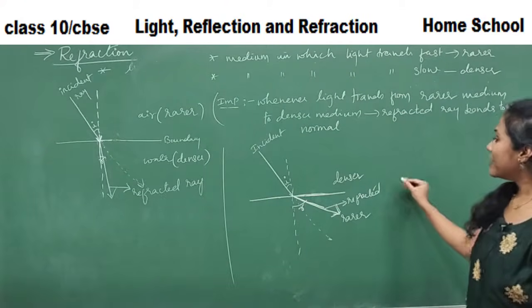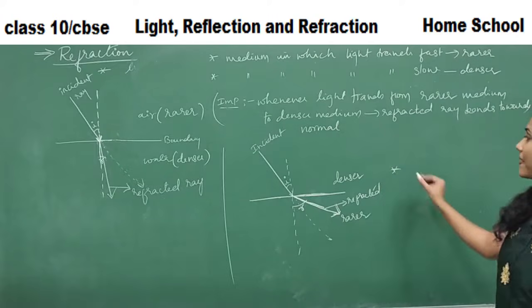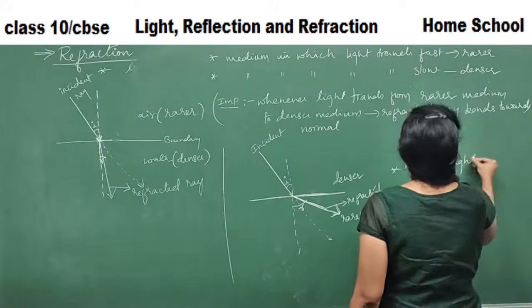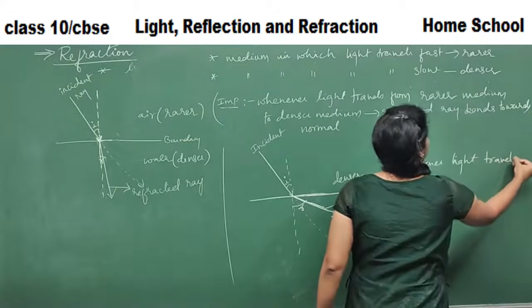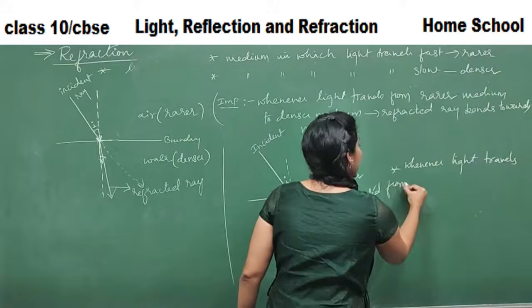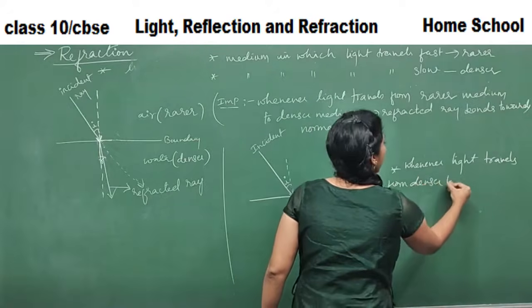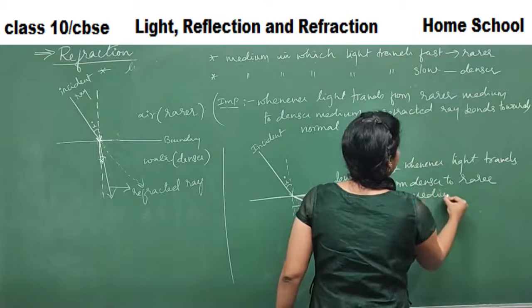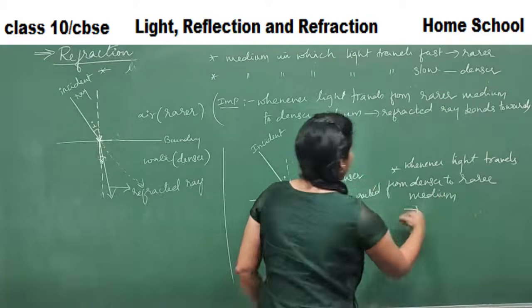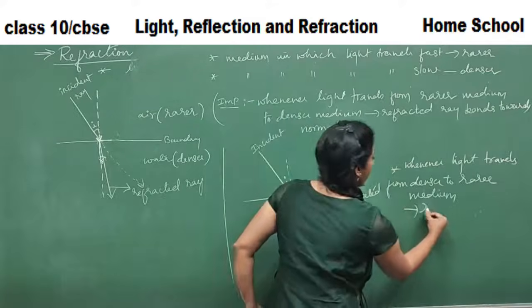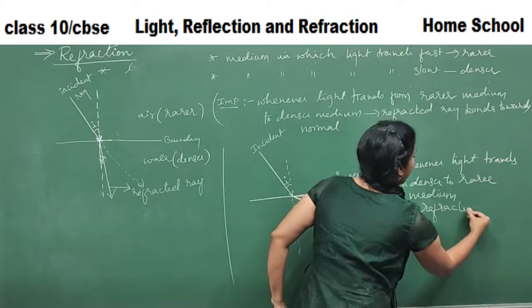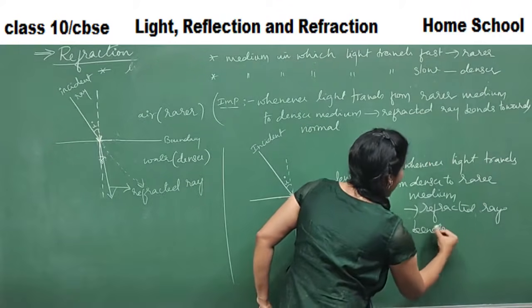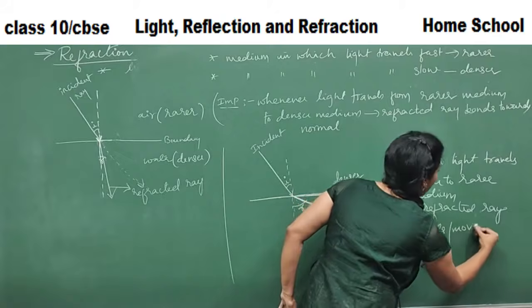Okay, so the next point I will mention here is whenever light travels from which medium? From denser medium to rarer medium, what happens? The refracted ray bends or moves away from the normal.